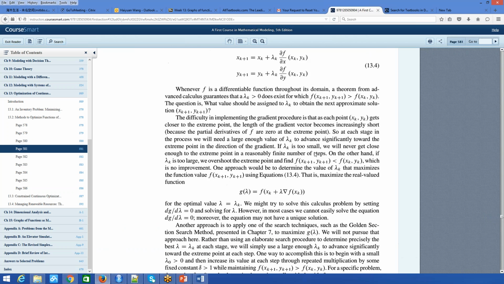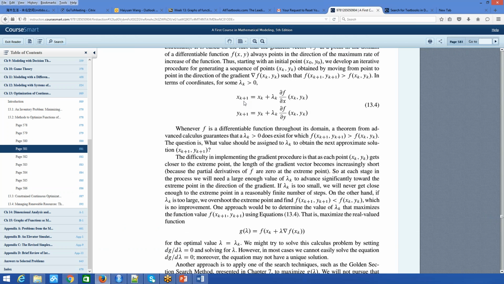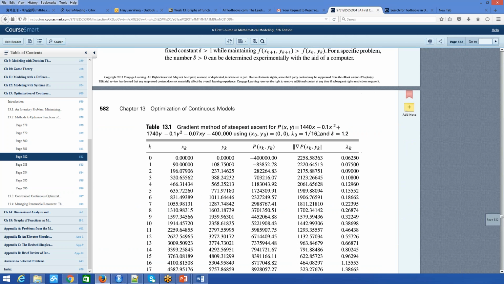So the way it is done, for a specific point at xk and yk, you take the first order partial derivatives of that x. Let's do that actually. I'll get something to write on, then we can do that together.